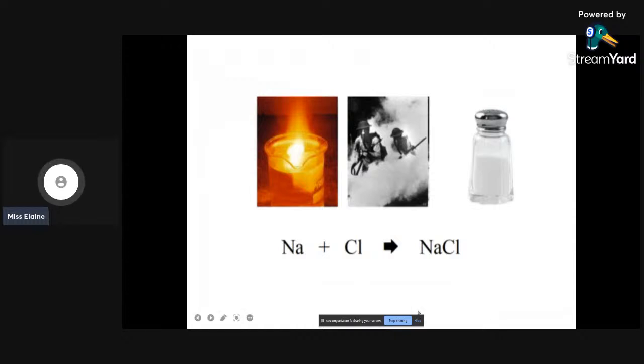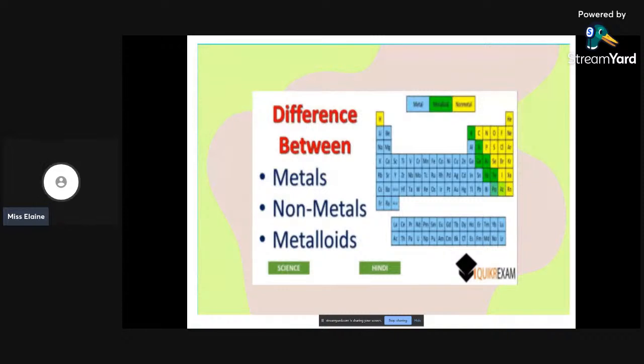Once again, the example here is sodium and chlorine. To identify if it is an ionic bond or a covalent bond, let us check our periodic table. Sodium, or Na: where is Na? Blue. Blue means metal.